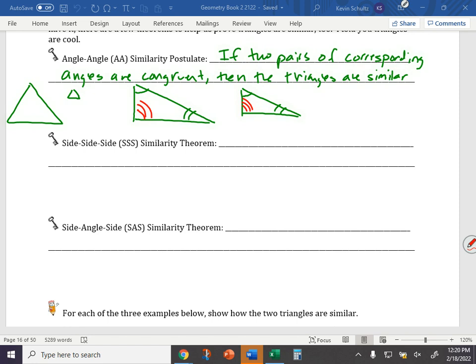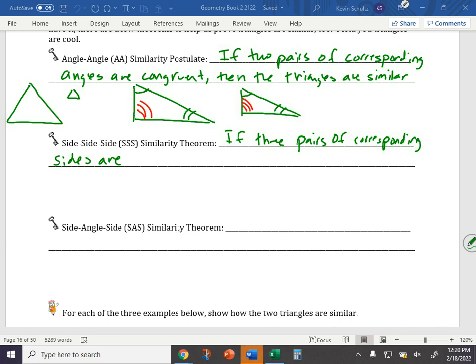The side similarity theorem says that if the three pairs of corresponding sides are what? In our congruency theorem, if the three pairs of corresponding sides are congruent, then the triangles are congruent.